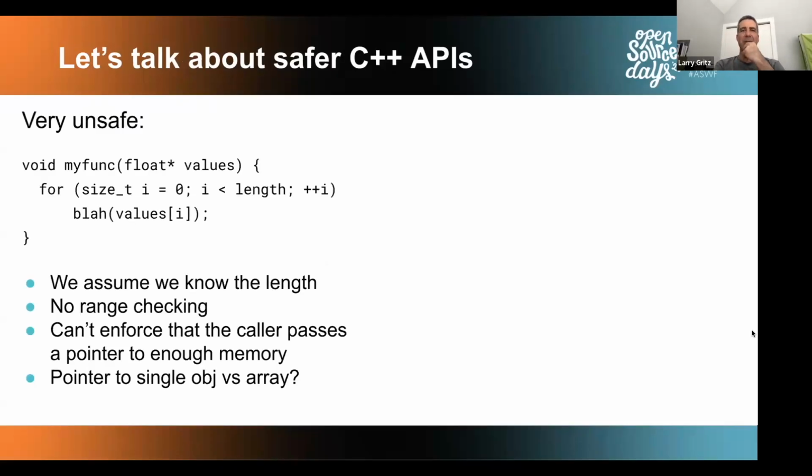A typical old school C or C++ way of making a call to a function, and we have this all through our APIs, is a function that takes a pointer to an array of values, like pixel values, say, and then within that function, it's going to access it.